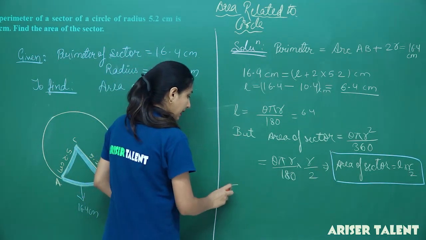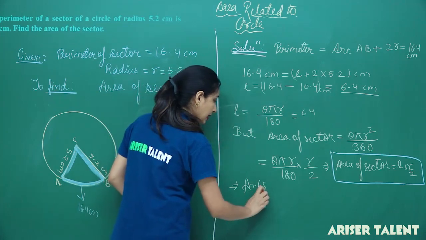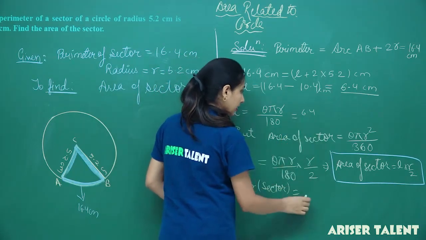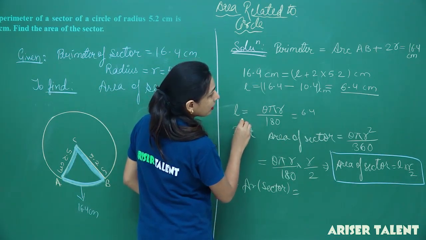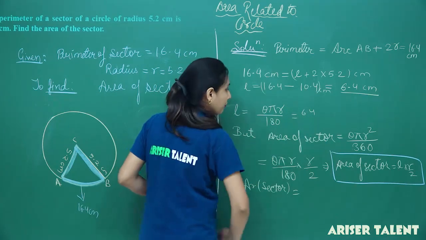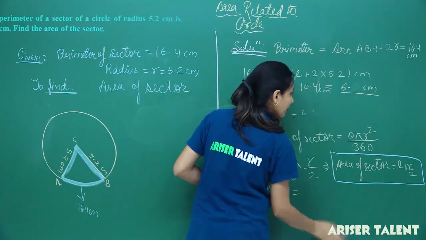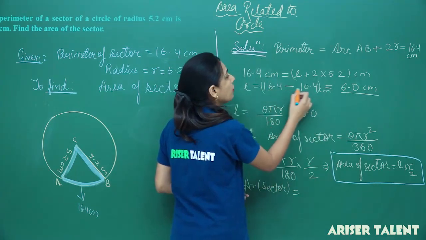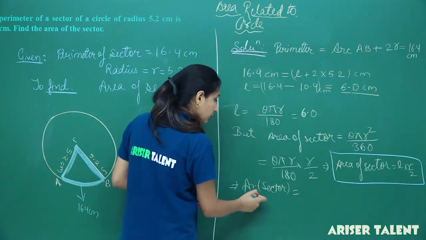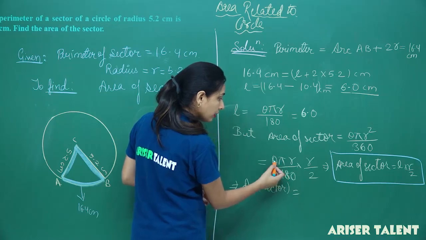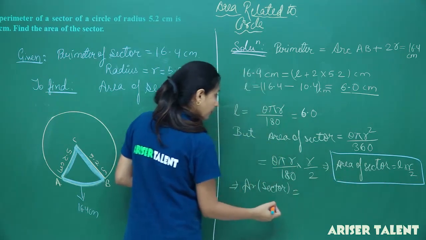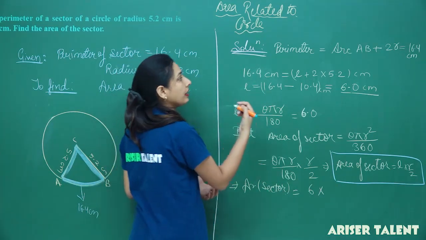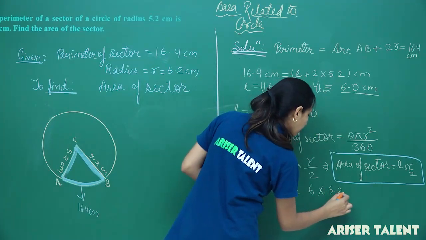So the area of the sector equals l multiplied by r by 2. What is the value of l? That is not 6.4, students, this is 6. Correct me when I have written something wrong. 16.4 minus 10.4 equals 6. So the area of the sector equals l, which is 6, multiplied by R, which is given as 5.2 by 2.